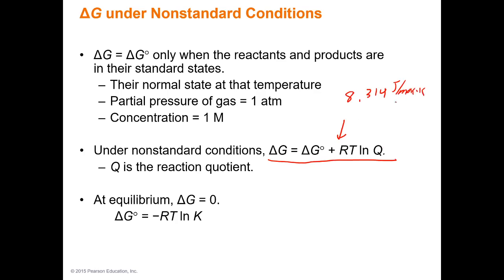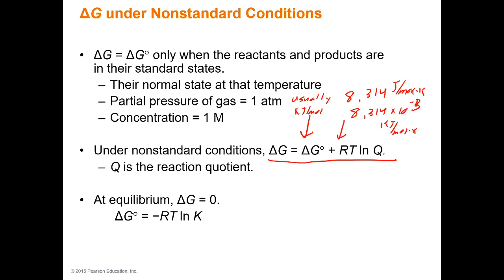But since delta G is usually kilojoules per mole, you will want to use 8.314 times 10 to the negative 3 kilojoules per mole Kelvin. That's a 3, not a whatever else it was.